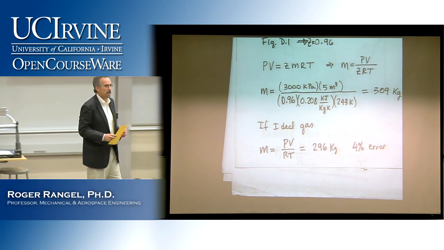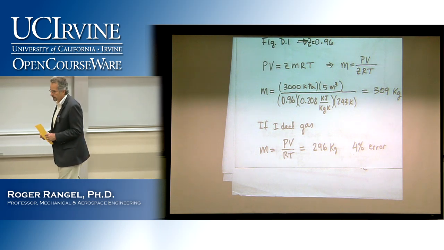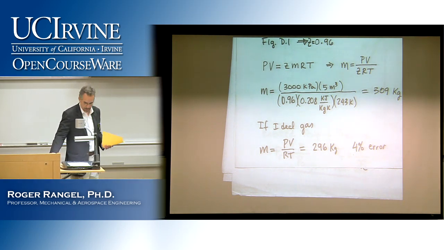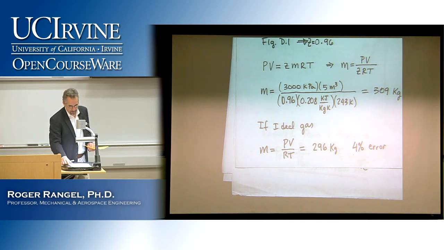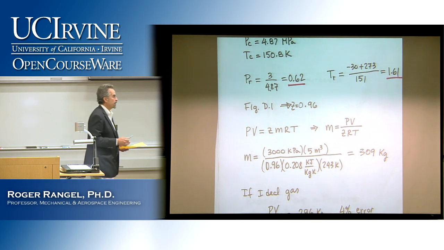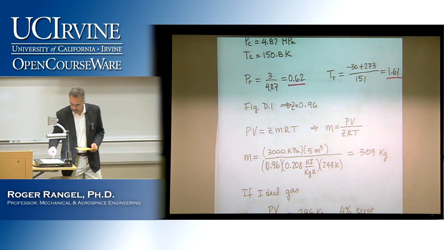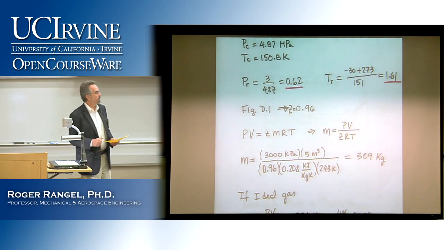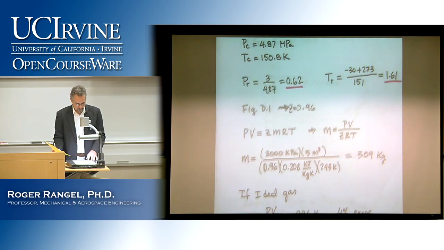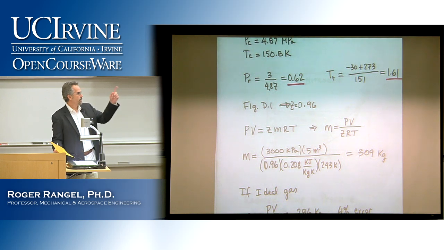In many situations, that might not be bad. That error, 4%, might not be a big deal. In some other situations, it might be. Or if the problem happened to have a different pressure or temperature that would have produced a value of Z much farther away from 1, then, of course, the error gets larger.